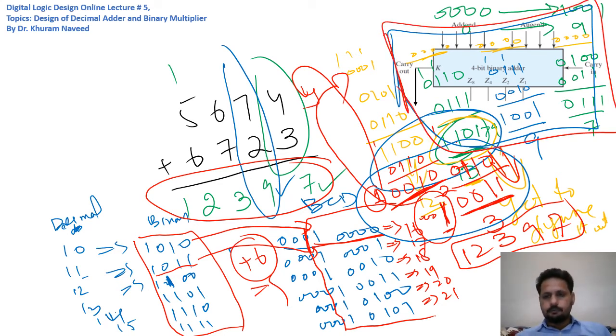So we have a piece of hardware that is ready for us to use, and we have now figured out how we can use it, right? So now it is important to find out the conditions as to when we need to add this 6, because it is not always necessary. Here we did not need to add this 6, but in the next additions when the resulting answer was not in BCD, in that situation we needed to do that, right?